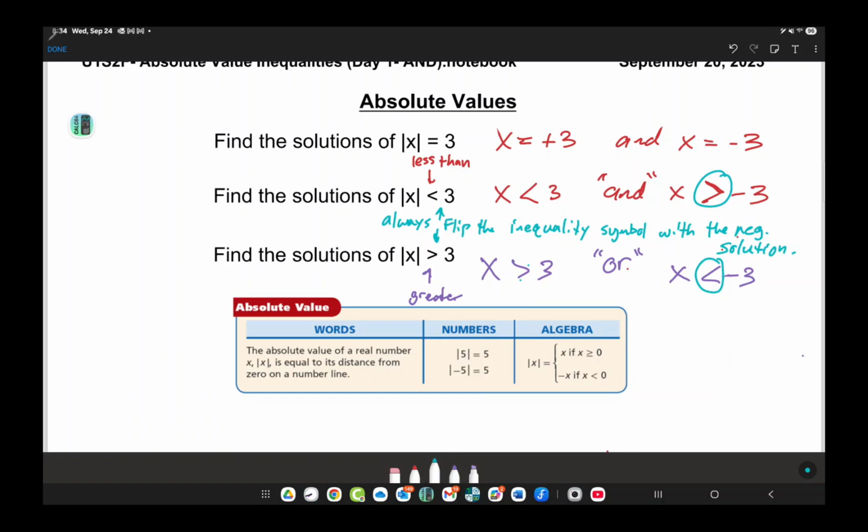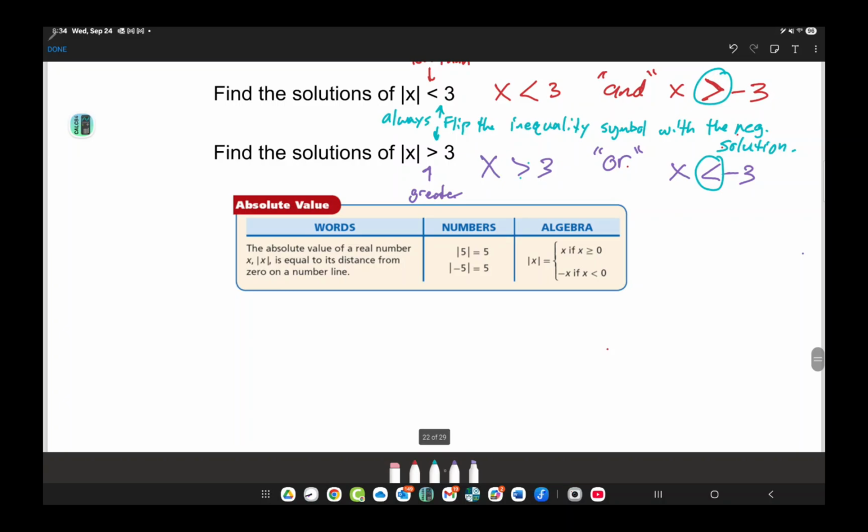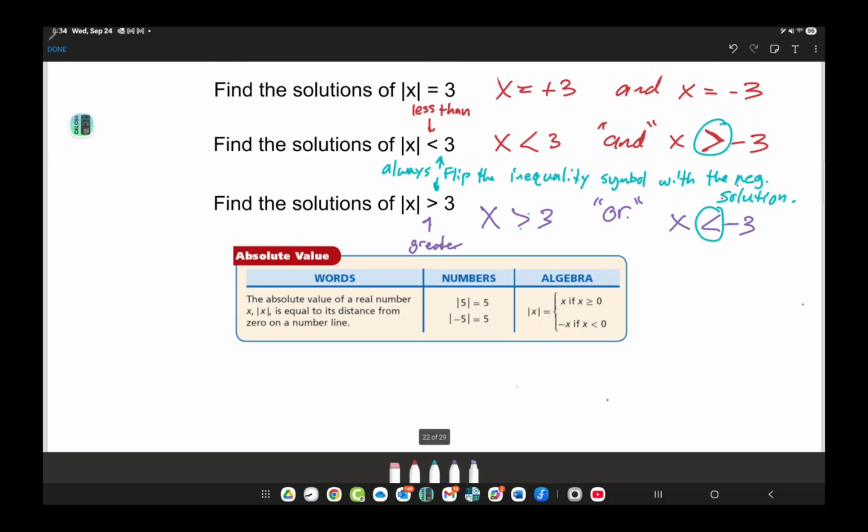Anytime we have that negative, we have to flip. So what may help, I'll give you a second to write it down, so I don't move too quick.